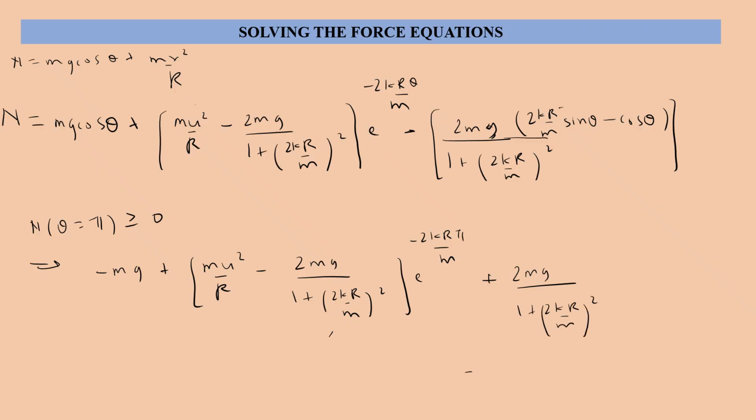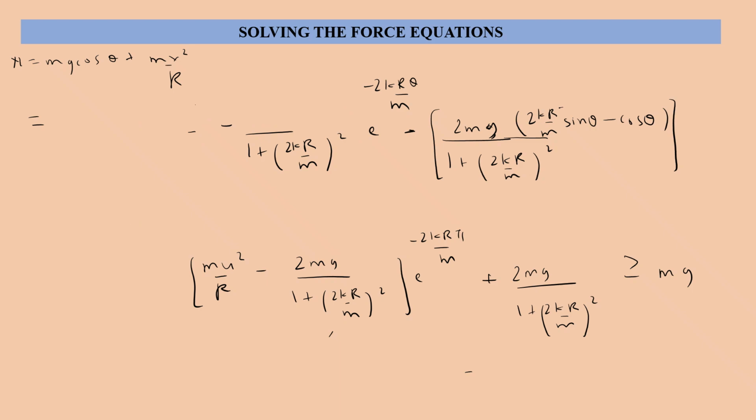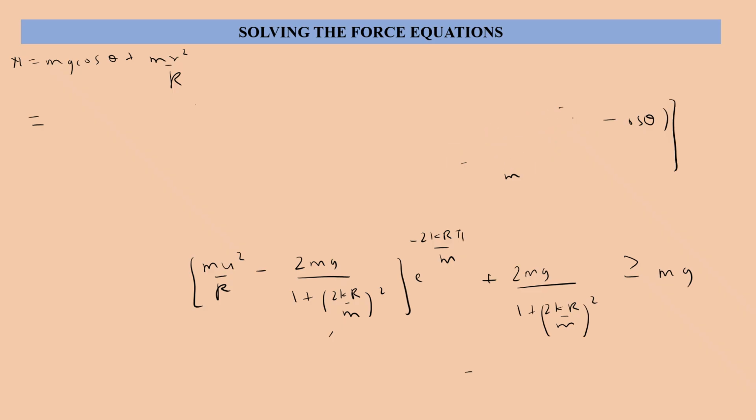This must be greater than or equal to 0. I can take this mg on the other side. Need some more reshuffling of terms, one or two more steps maybe, to arrive at the final expression we need.